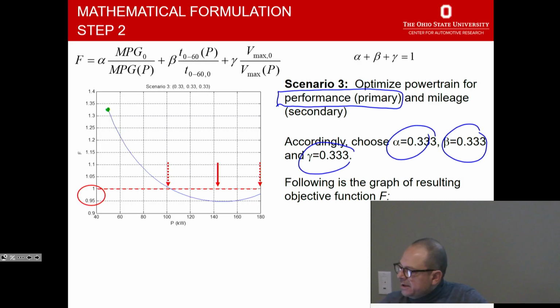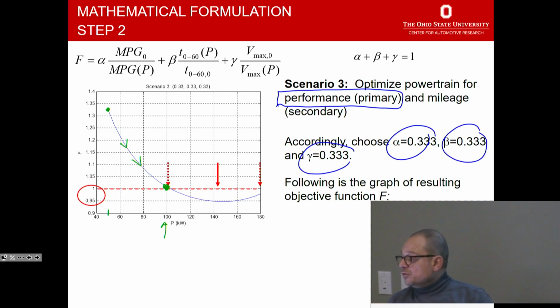And when you begin with the 50 kilowatt engine, you are going to obviously not meet the criteria because performance is not acceptable. And you're going to reach some point where you're close to achieving as a target. Remember that our target is something like around 1, okay? You begin to come close to your original desire at 100 kilowatts, okay, where you're going to have the desired compromise between fuel economy and performance.